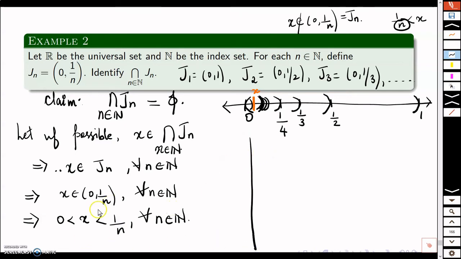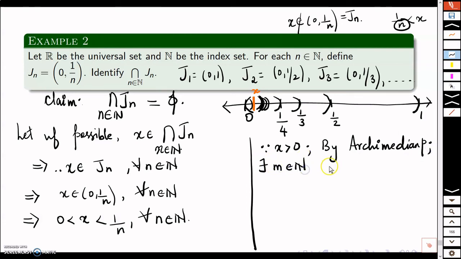This means x is less than 1 by n for every natural number n, and x is positive. Now since x is positive, by Archimedean property, I can find a natural number m such that 1 upon m is less than x, right?